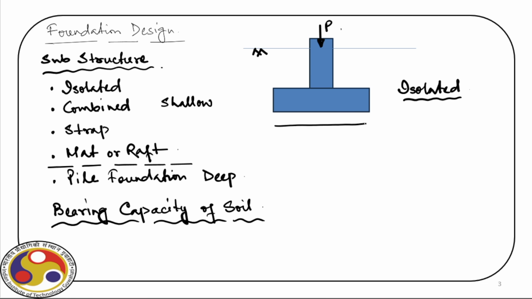So, one of them is, for example, something like this, which is having maximum at the middle. This type of distribution we encounter in case of cohesionless soil.